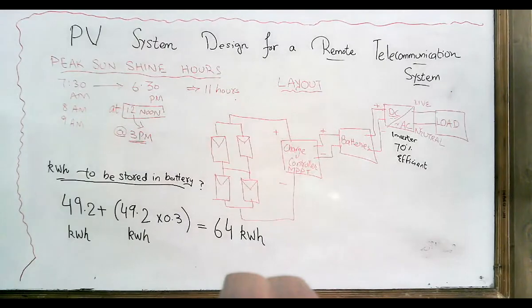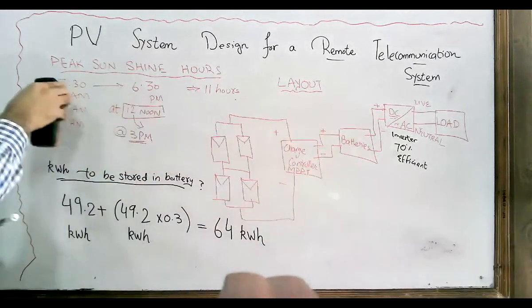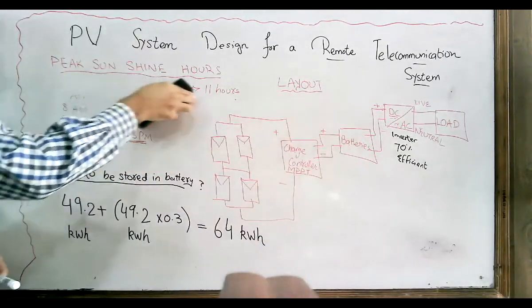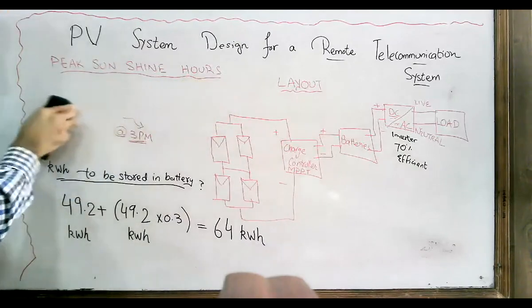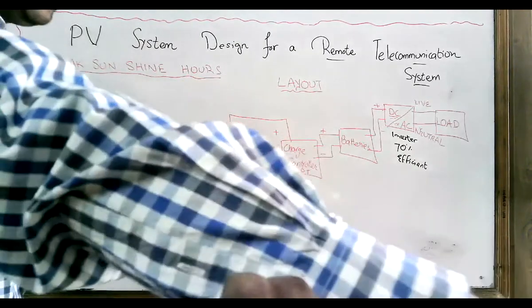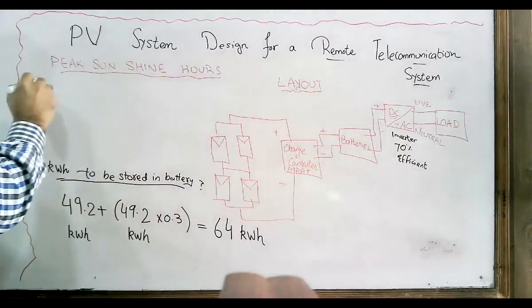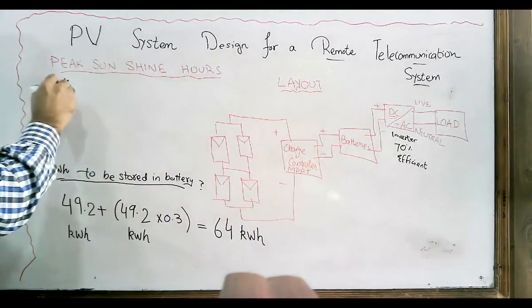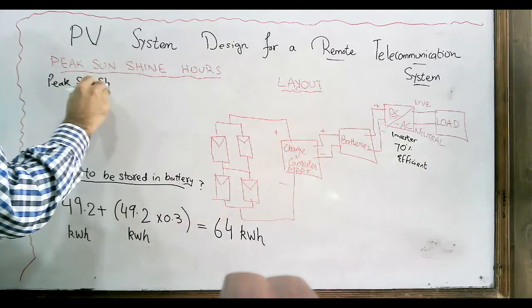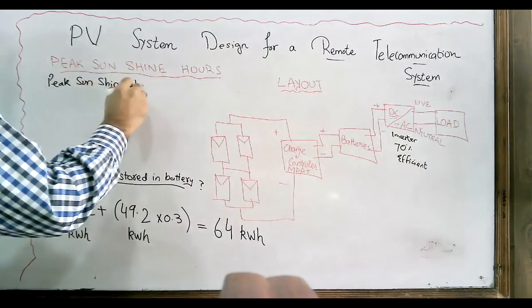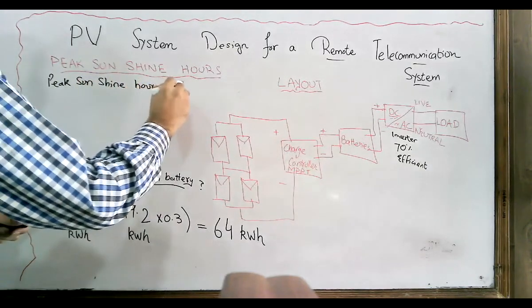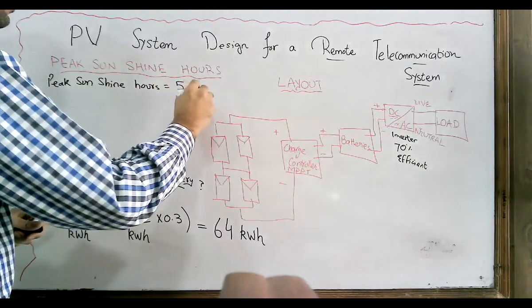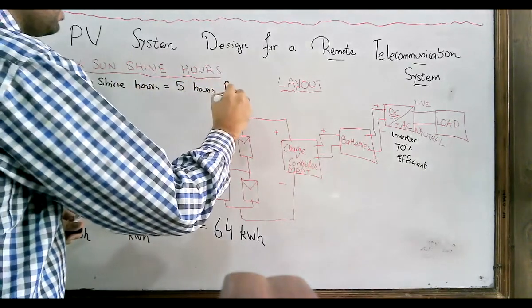So what we generally do is that there is a universal concept that you can assume peak sunshine hours as 5 hours in Asia.